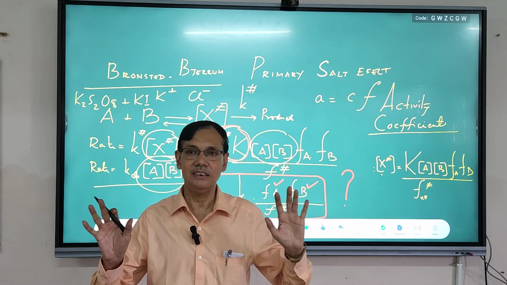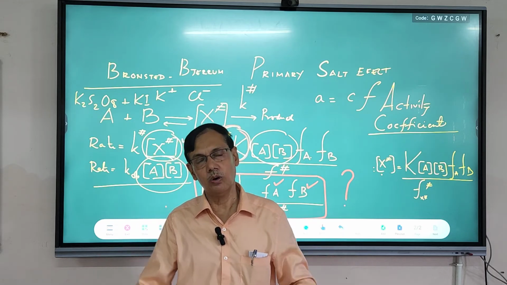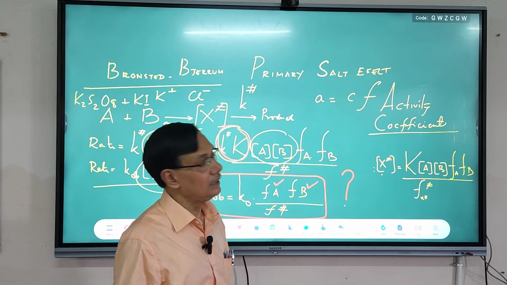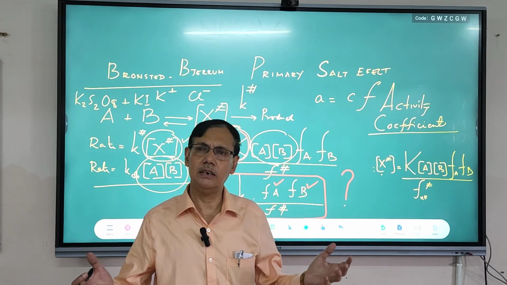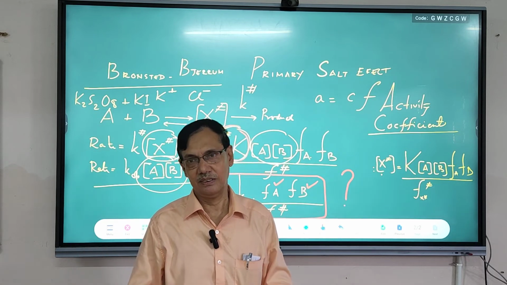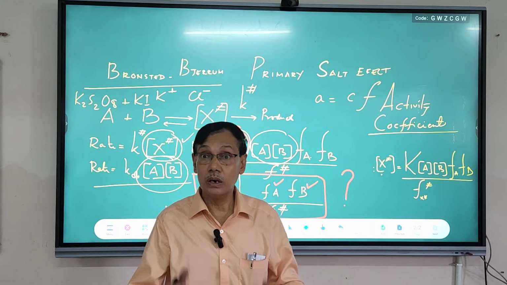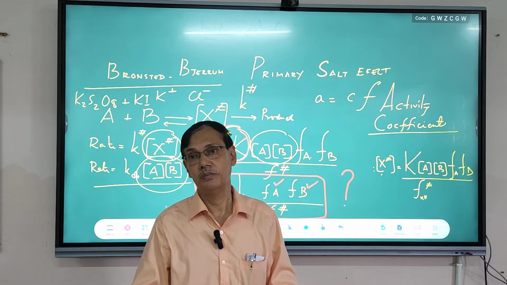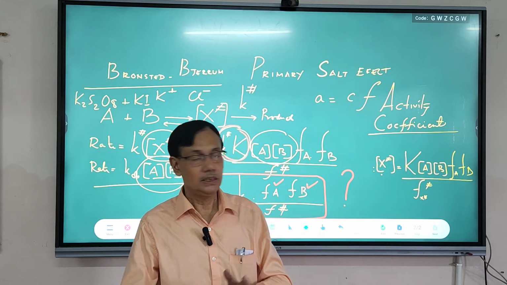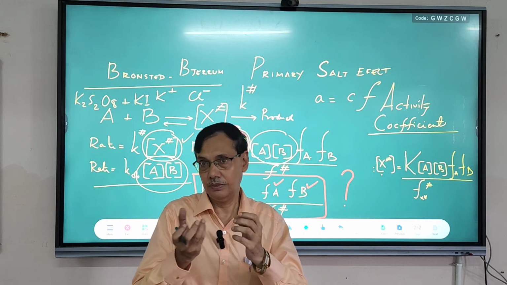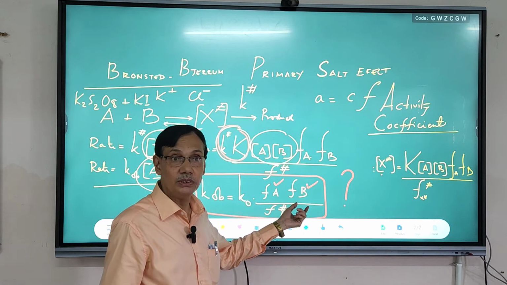You know Debye, Peter Debye, and that time, I think in 1924, Debye and his collaborator Hückel formulated a wonderful equation that is called Debye-Hückel limiting law, which relates the concentration of electrolytes or valency and other things with activity coefficient.